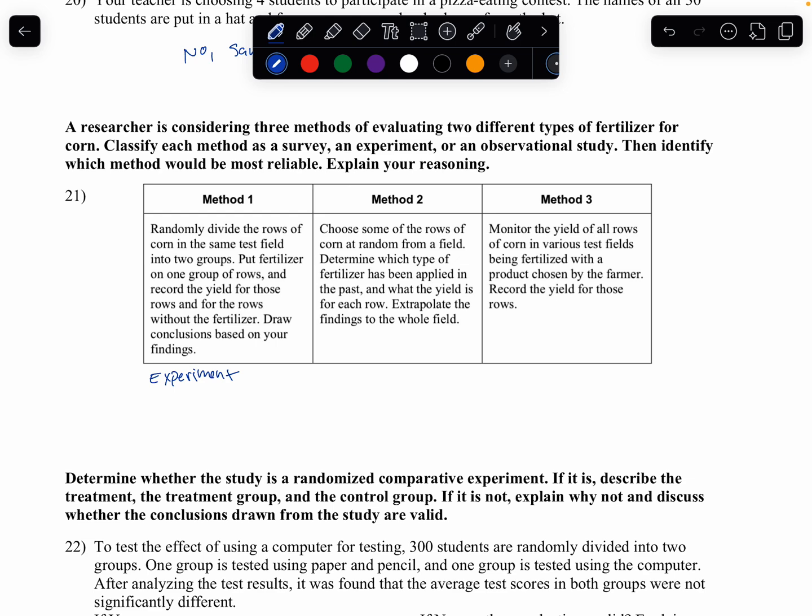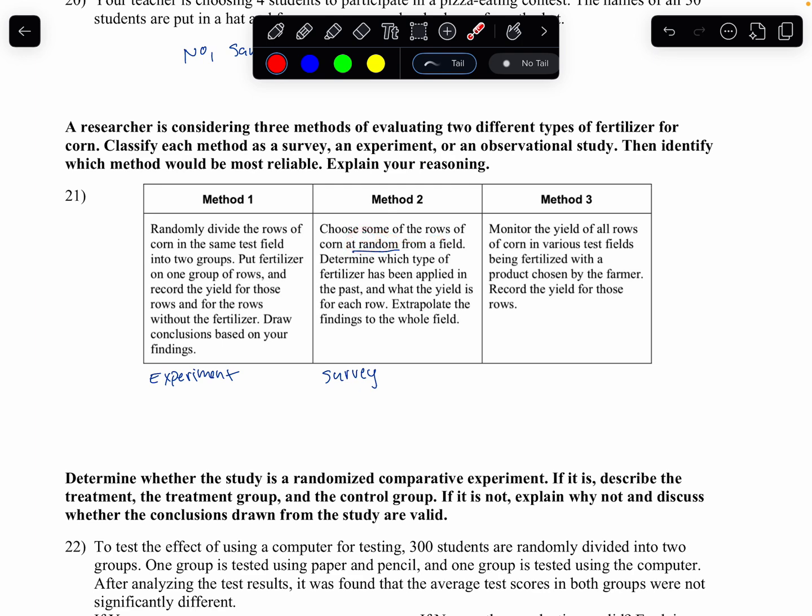For 2, choose some of the rows of the corn at random from a field. Determine which type of fertilizer has been applied in the past and what the yield is for each row. Extrapolate the findings to the whole field. And so this would be a survey, because we're only looking at some of the rows at random.